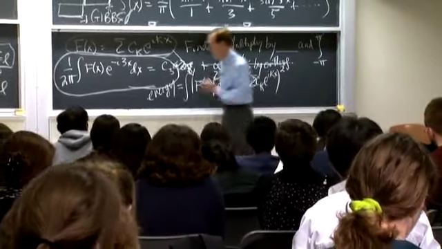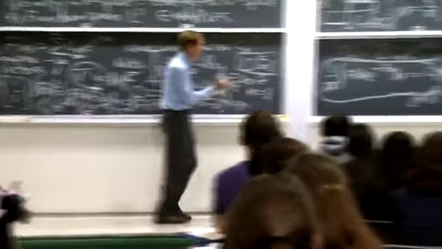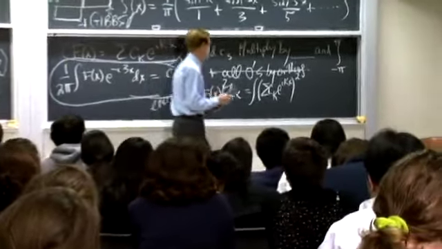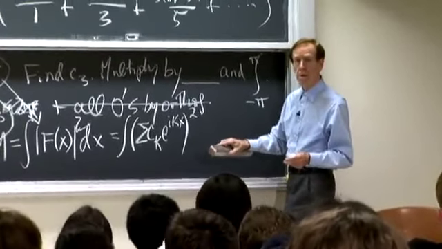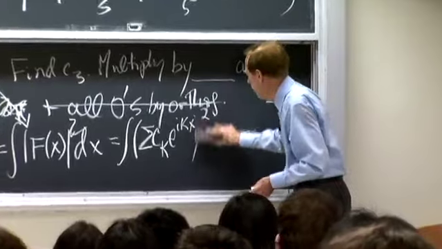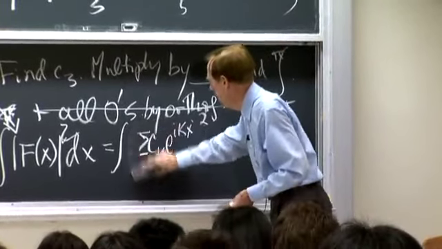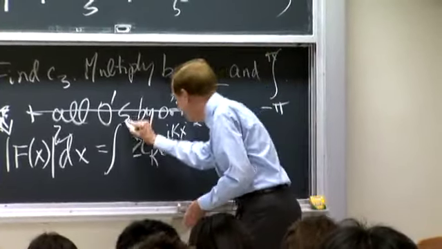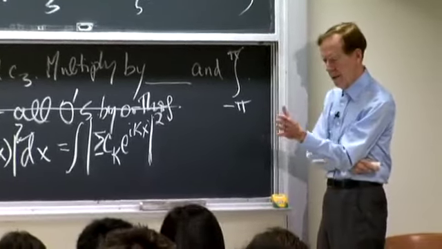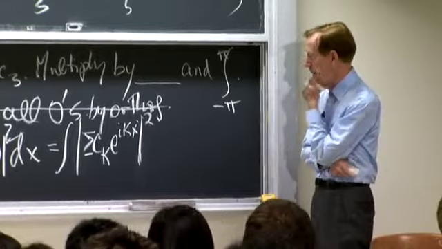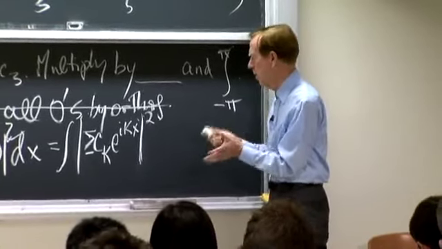Those curvy lines, which just meant take the thing squared, should be changed to straight. Just a matter of getting them straight. Okay, straight. There we are. Now that means the thing times its conjugate.